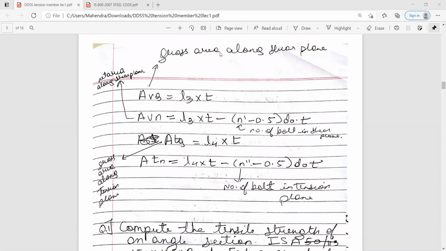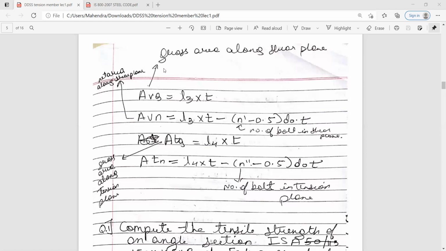The formula for ATG is L4 into T, and ATN is L4 into T minus N double dash minus 0.5 into D0 into T. N double dash is the number of bolts in the tension plane; in the last diagram it is 2.